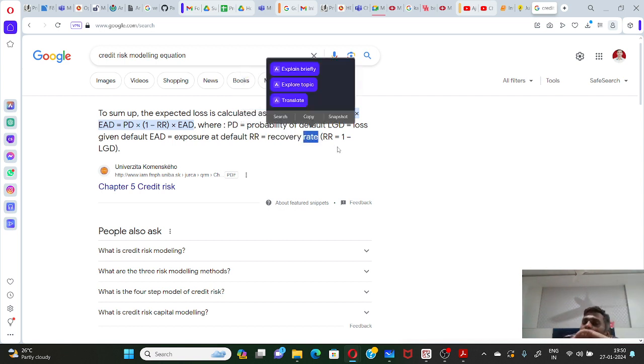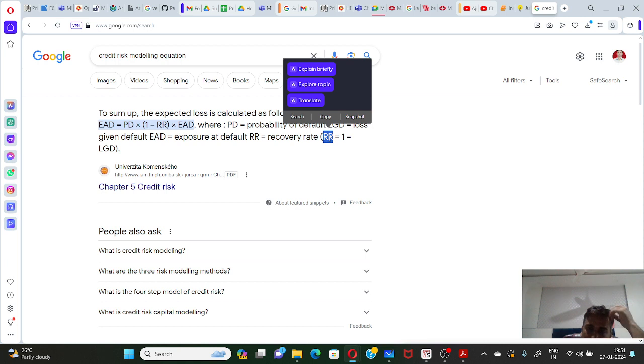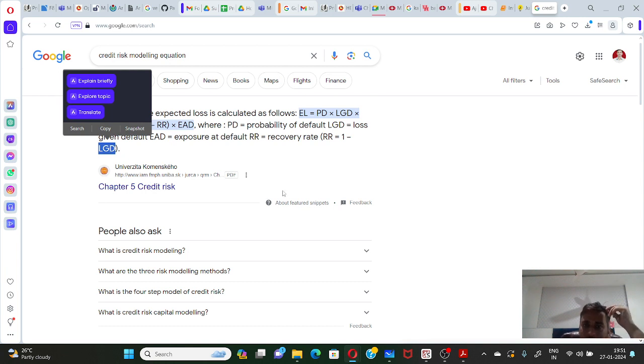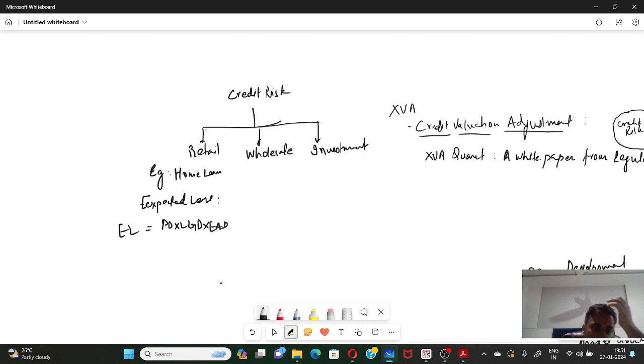And recovery rate is equal to 1 minus loss given default, right? So if 40% is the recovery rate, then loss given default is 60%. So let us say probability of default is 2%. So 2% into 1 minus 40%, into exposure at default, the residual 500 rupees. So this is called expected loss.